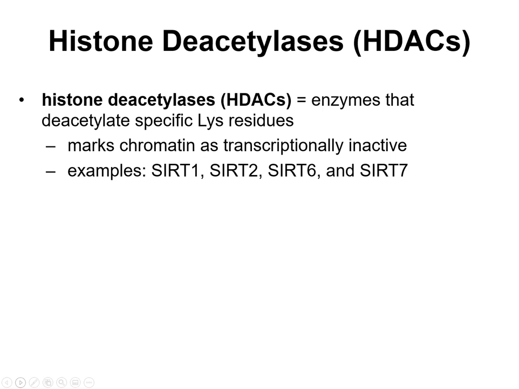So science is always ongoing, right? There's always more to do. But these enzymes typically mark chromatin as transcriptionally inactive. There are lots of different flavors of histone deacetylases. There's different families. We're not going to go into all that.